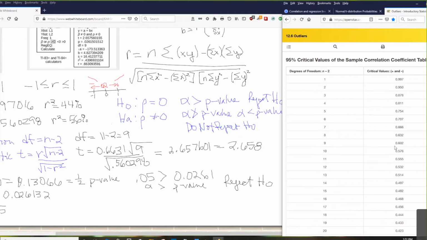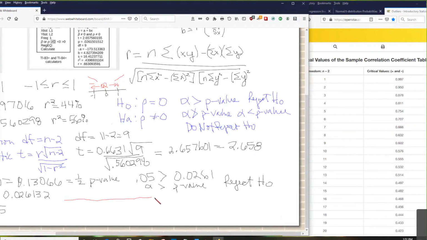So this is giving us a critical value of 0.602. They're going to give you a range around 0, so this is for 9, it's 0.602, which means the other end is a minus 0.602. So these are your critical values.